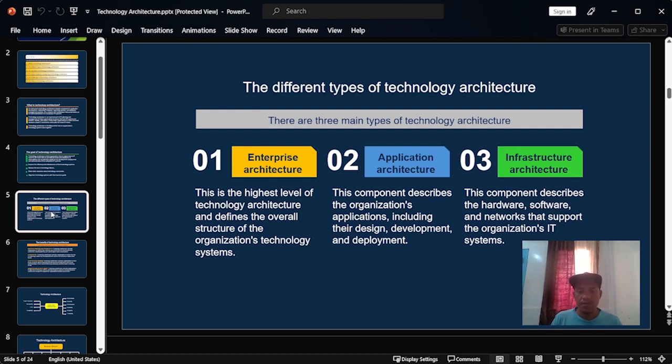Then infrastructure. This component describes the hardware and software, including hardware like servers, and what software you use to develop and support the organization's IT systems.